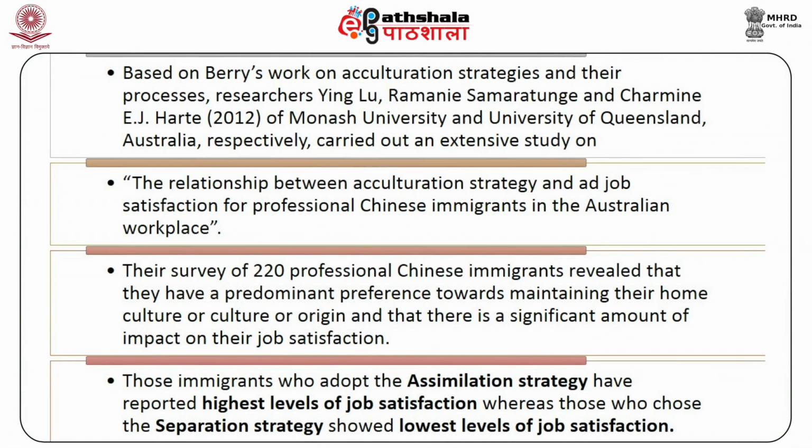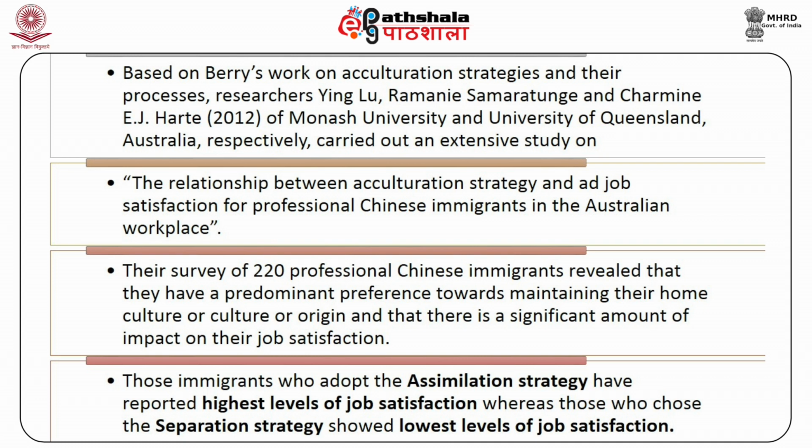Based on Berry's work on acculturation strategies and their processes, researchers Ying Lu, Ramani Samar Tunge and Shamim E. Jahat in 2012 of Monash University and University of Queensland, Australia respectively, carried out an extensive study on the relationship between acculturation strategy and job satisfaction for professional Chinese immigrants in the Australian workspace.